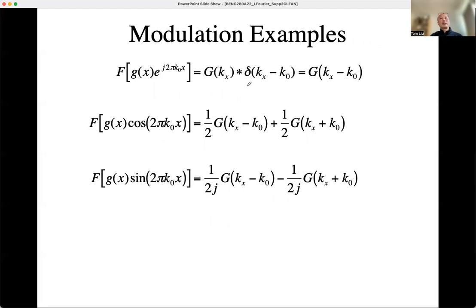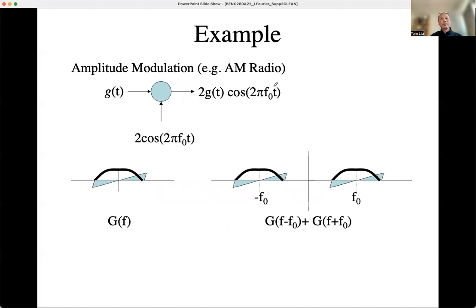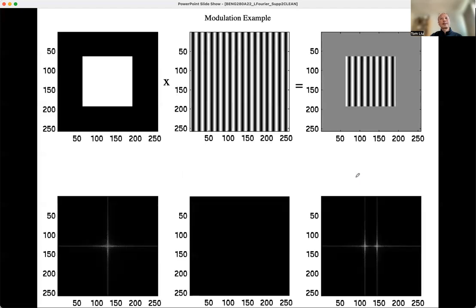And finally, modulation. If I take any function and multiply it by a complex exponential, I'm just shifting it in the Fourier domain. An example of that is AM radio, where I take my spectrum and shift it out to different frequencies. In the image domain, if I take my object and multiply it by some exponential function, or this cosine, I get this funky looking image.